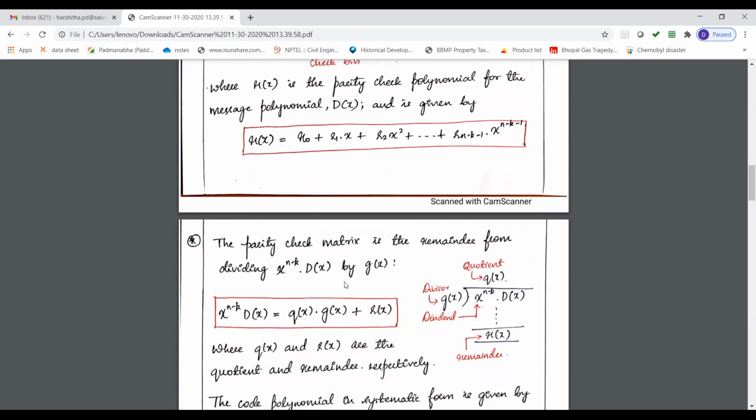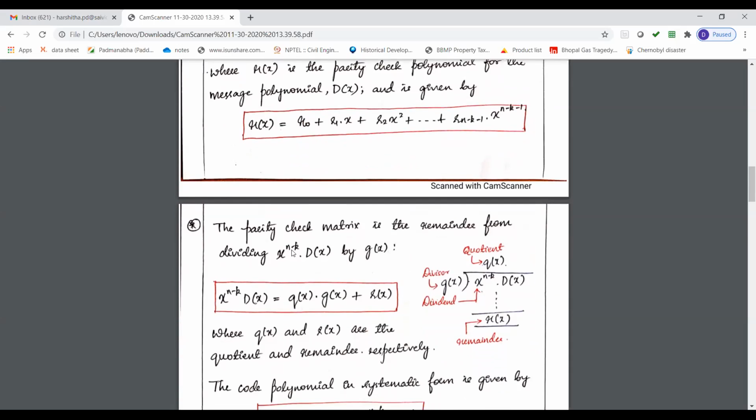So this x to the power of n minus k into d of x is divided by g of x. As you can see here, g of x is the divisor and x to the power of n minus k into d of x is the dividend, and upon performing the division operation we'll get the remainder as r of x, which is nothing but the parity check polynomial, and q of x is the quotient that we obtain.